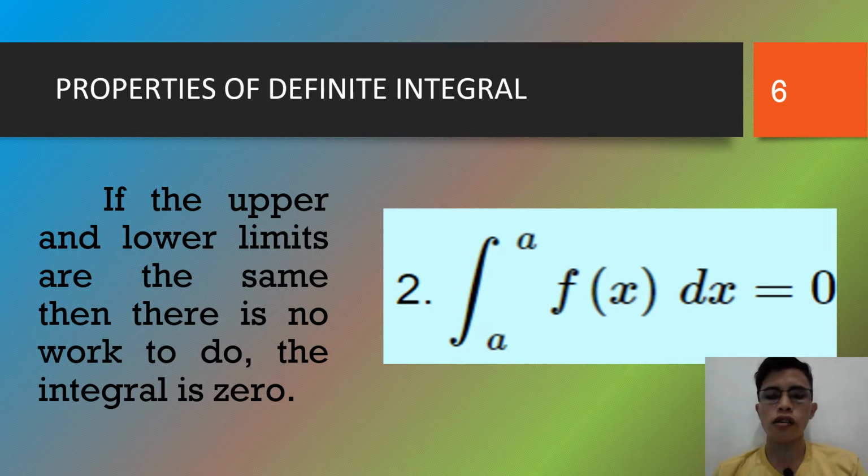Siyempre, di ba, if we're going to integrate a definite integral, we're going to substitute the upper limit and minus the result if we're going to substitute the lower limit. So pag pareho yung upper limit and lower limit, therefore since it is minus, it will become 0. So that is property number 2.